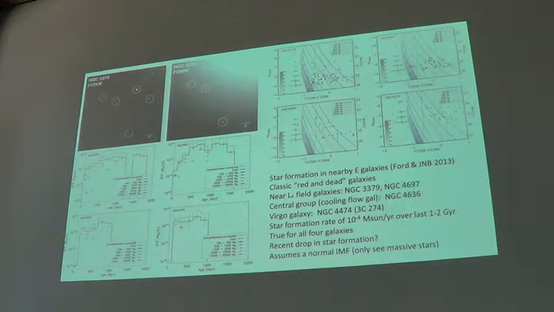So this is a paper by Allison Ford and myself of 4 red and dead galaxies, 2 that are in the field, 1 that's a classic cooling flow galaxy in the middle of a group that's falling into the Virgo cluster, presumably, and 1 that's in the Virgo cluster. Okay.